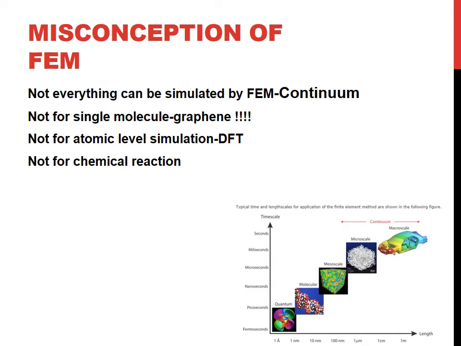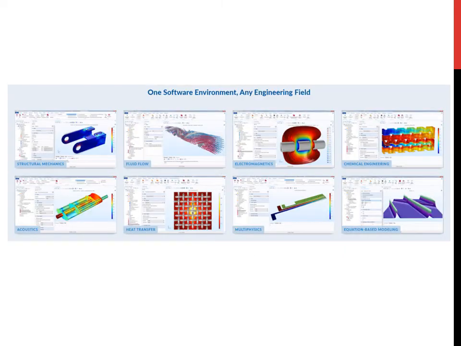And also if we play around with chemical reactions, this FEM software is not really useful for that. However, there are some modules which can solve chemistry, but very limited in terms of capability.